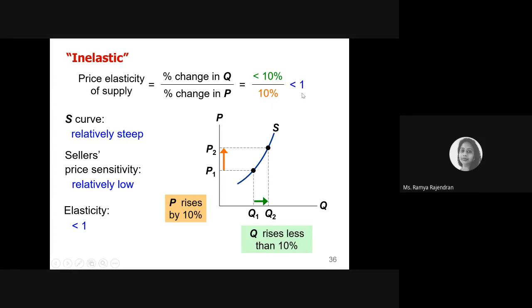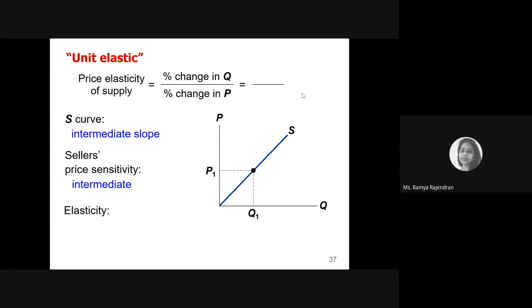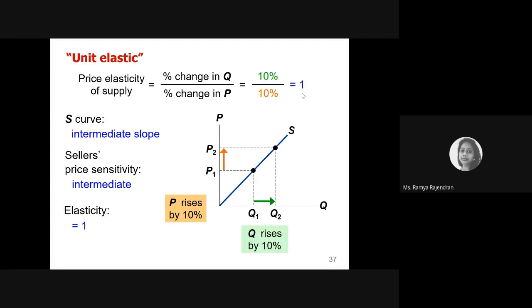So it is an inelastic supply. Next one is unit elastic, which means the percentage change of price is equal to the percentage change of quantity. When prices increase by 10%, the quantity supplied also increases by 10%. So it is 1.